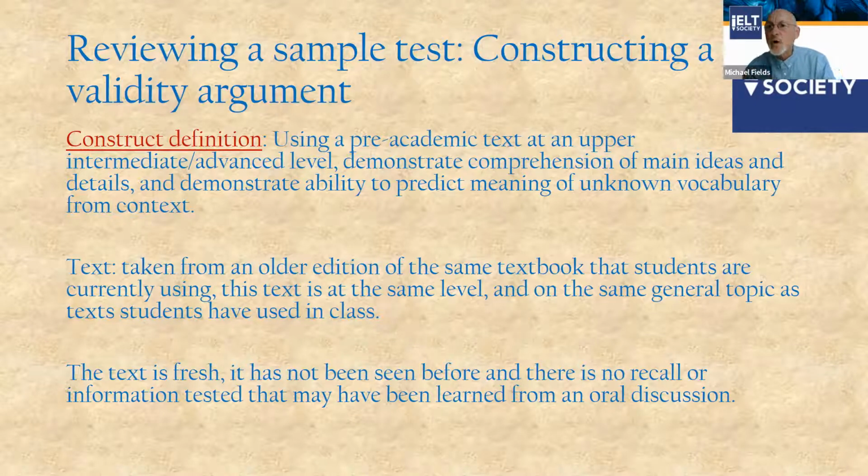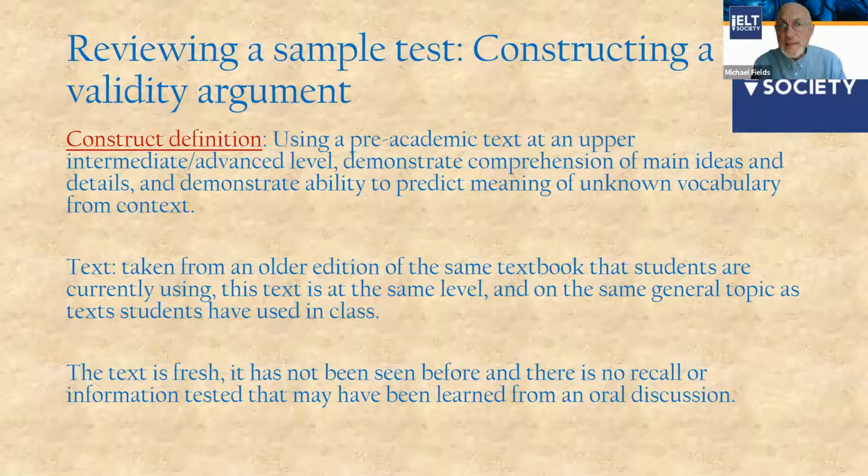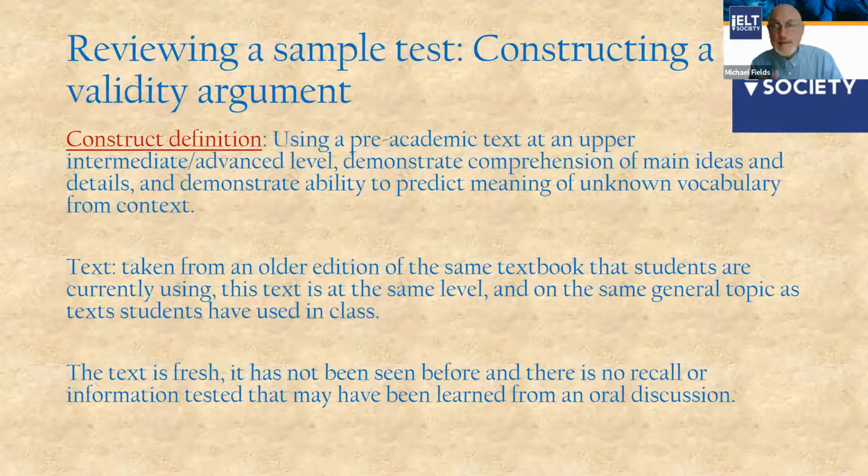This is what we want to test. Other things like the opinion of the author, or different opinions of different people mentioned, we're not really testing those things. Okay, so our construct is limited to 3 things: main ideas, details, and predicting vocabulary in context.